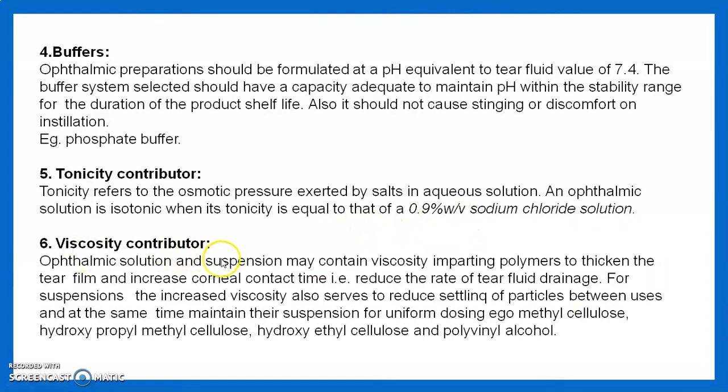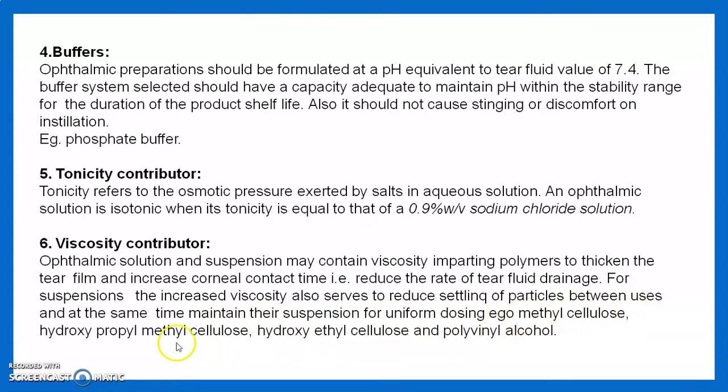Then viscosity contributors. Ophthalmic solutions and suspensions may contain viscosity-imparting polymers to thicken the tear film and increase the corneal contact time. That is to reduce the rate of tear fluid drainage. For suspensions, the increased viscosity also serves to reduce the settling of particles between uses and at the same time maintain the suspension for uniform dosage.